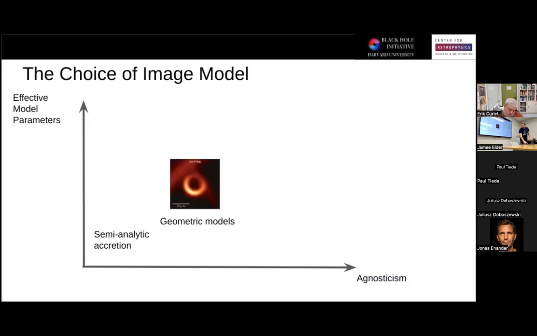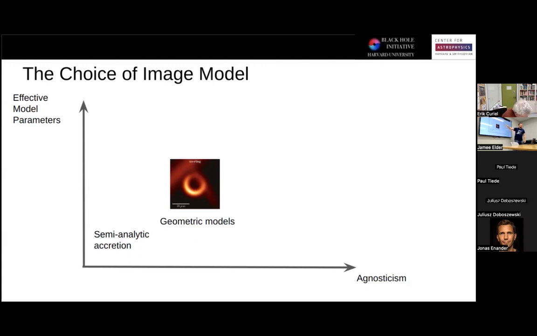The next step up is a little less agnostic, in the sense that I'm not explicitly building GR into the model, maybe something like really simple geometric models. So fitting your image with something like a ring, Gaussians, or some other blobby structure that you control. You're still making pretty strong assumptions.